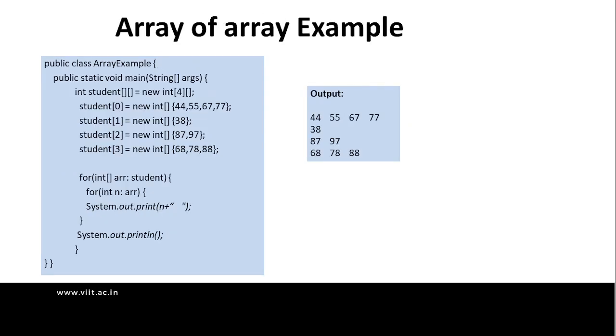See the array of array example. Write a class and write a public static void main, then integer double array of student equal to new integer of size 4 array, with the second position empty, this is valid.